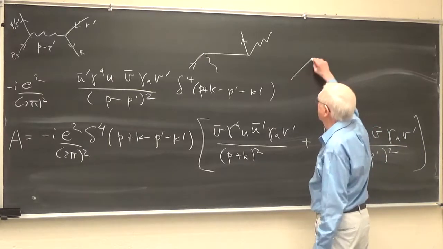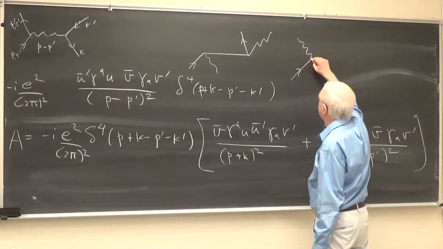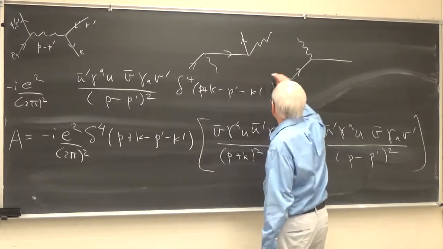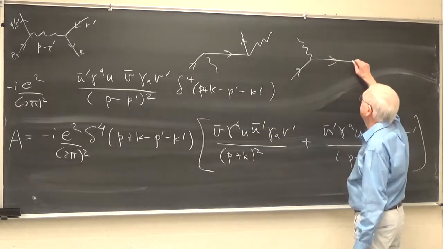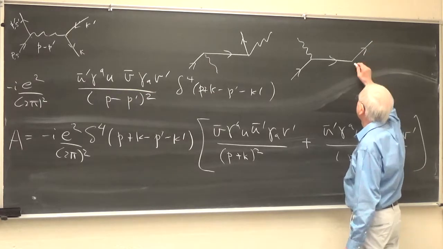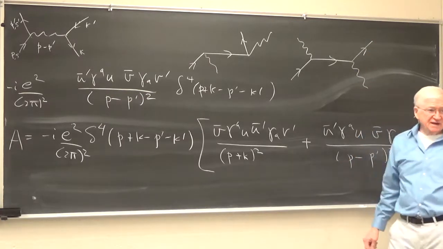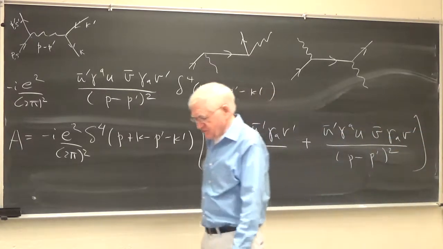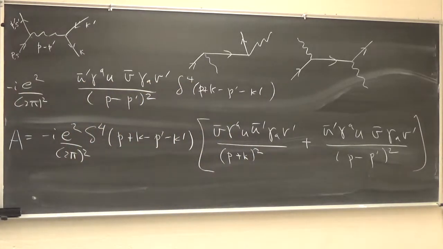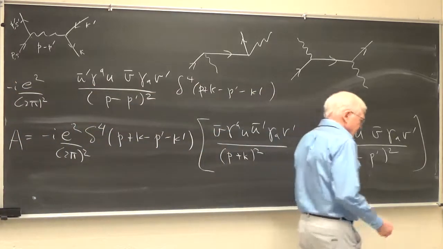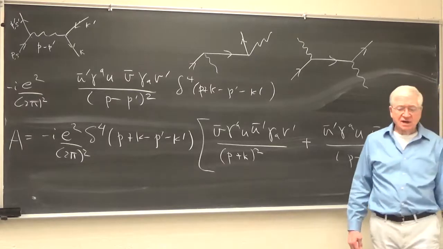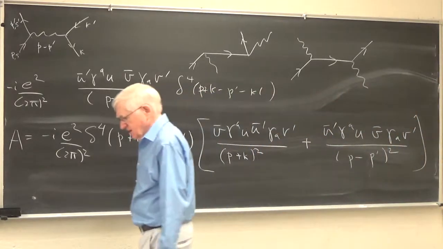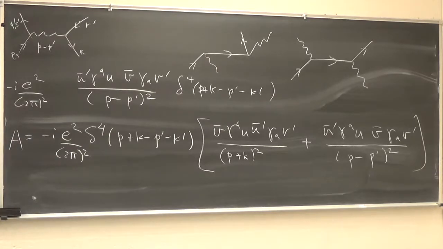The other diagram is electron in, photon out, electron across, electron out, photon in. So you add those two diagrams, and Weinberg goes through the application of the Feynman rules to this case and shows you how to do the spin sums and so forth. I think it would be useful for me to do that in class on Thursday, to at least sketch it.